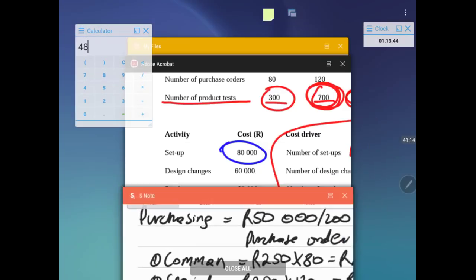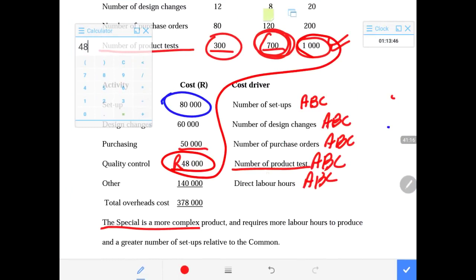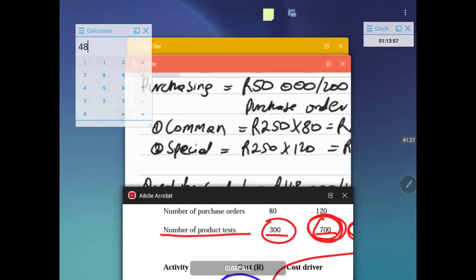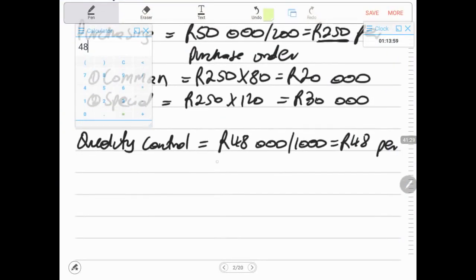Let me confirm that quality control was based on the number of product tests. Yes, based on the number of product tests. So that will be 48 rand per product test. The cost of testing a product, in other words, is 48 rand.